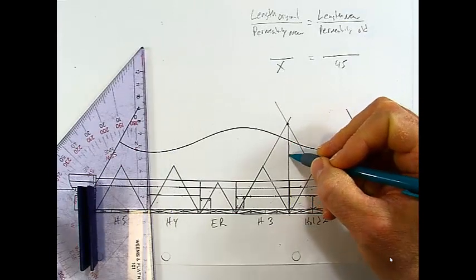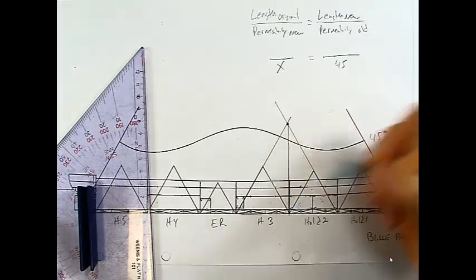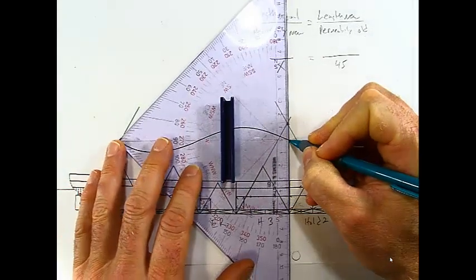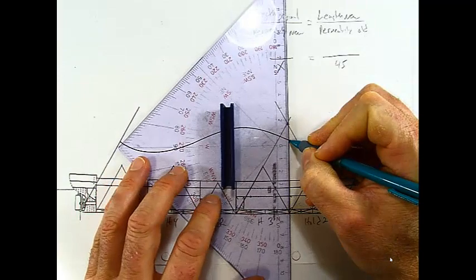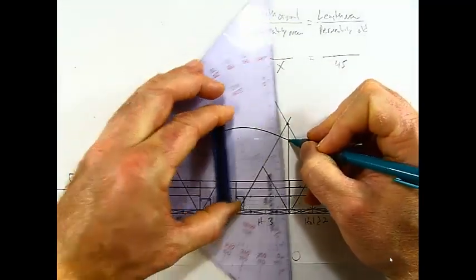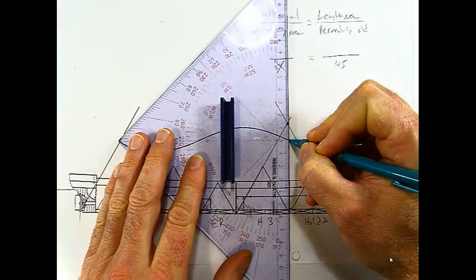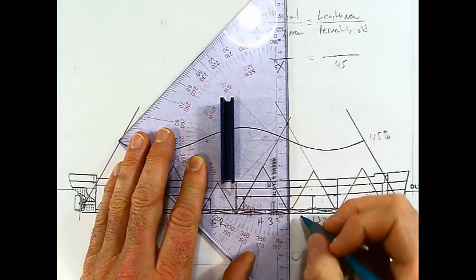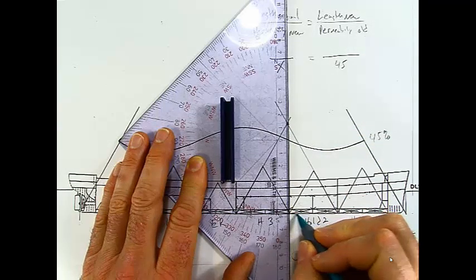This is the floodable length original for 45%. I'm going to measure that distance. I'm going to put the 0 of my triangle right at that spot, and then come down and measure all the way down to the baseline.